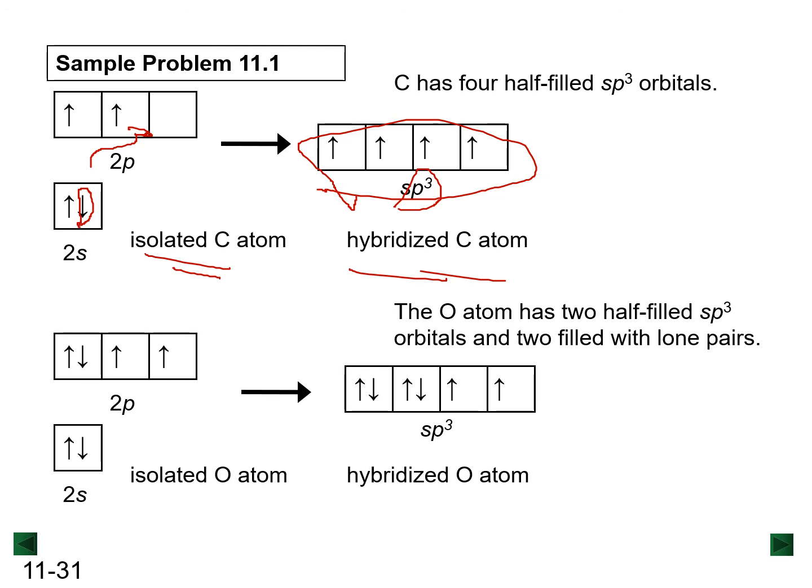And here, in order to form 4sp3 hybrid orbital, 1s orbital mixed with 3p orbital, forming 4sp3 hybrid orbital that has 2 paired electrons in 2sp3 hybrid orbital that represent two filled with lone pairs.